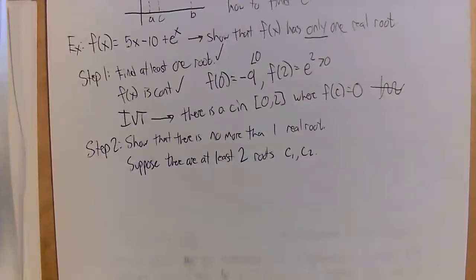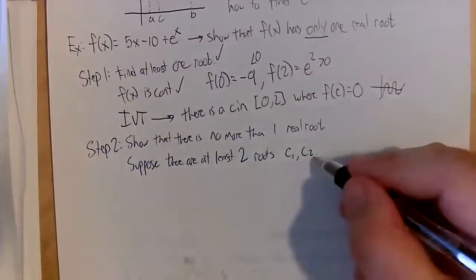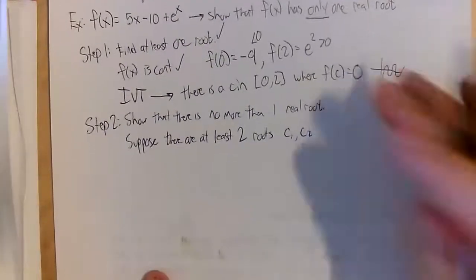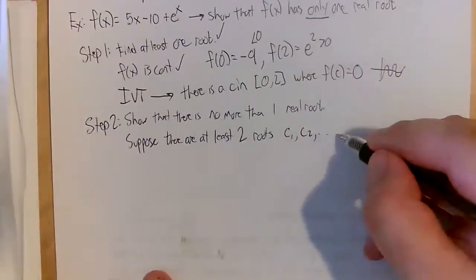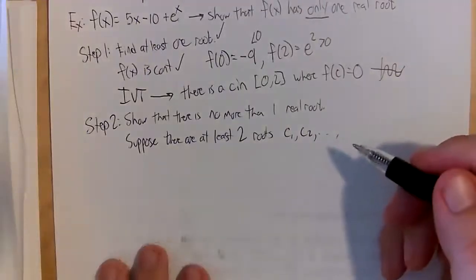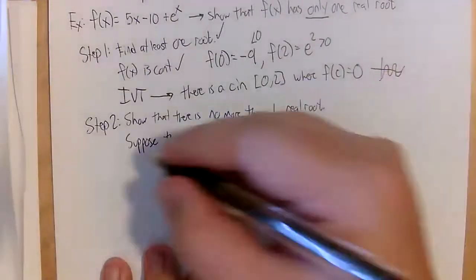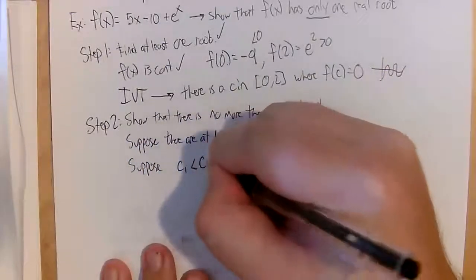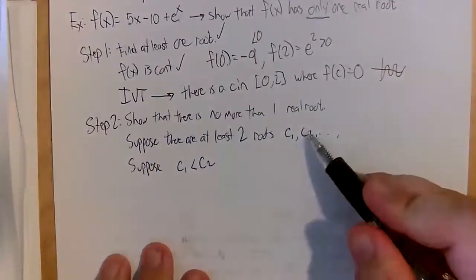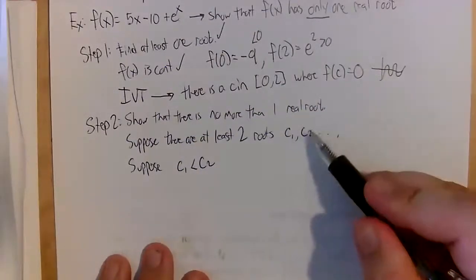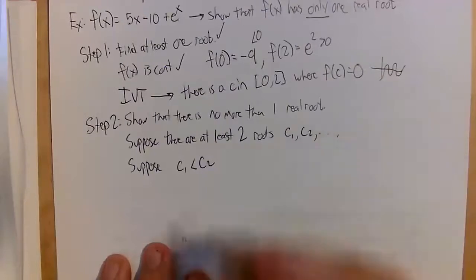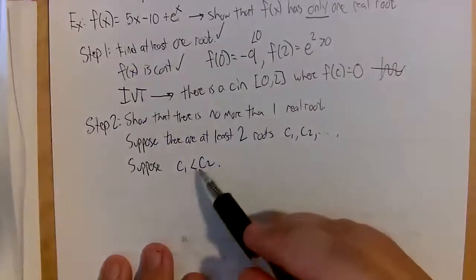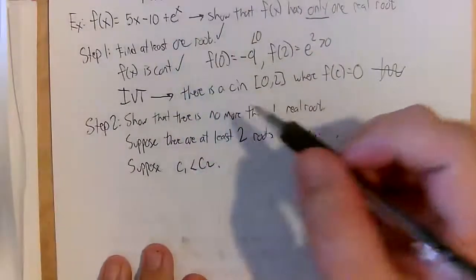We could even have more, like C3, C4, but it's not really necessary to write those down. I guess we could just put dot, dot, dot here for however many roots there are. Then let's further suppose that C1 is less than C2. So this x value is going to come first, before this one.